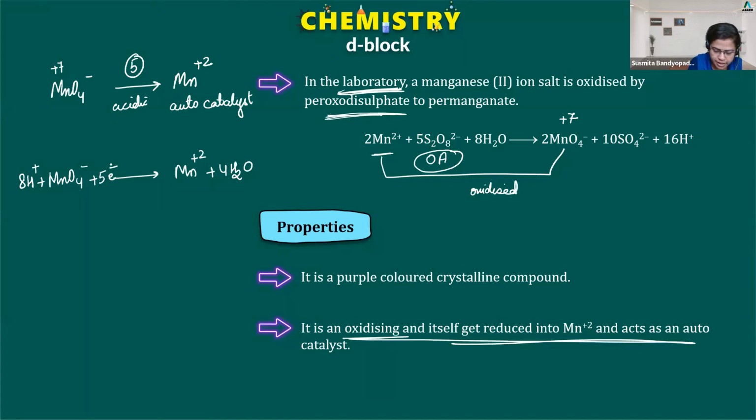So MnO4 minus gets converted into Mn2 plus with a 5 electron gain in acidic medium, with 4 water and 8H plus. Correct me if I'm wrong. In acidic medium, n factor of KMnO4 is 5 because it gets converted into Mn2 plus. So this is important for redox.